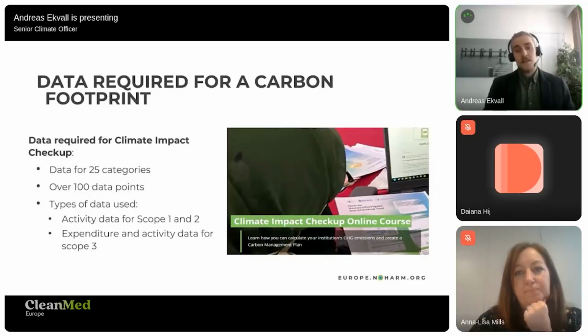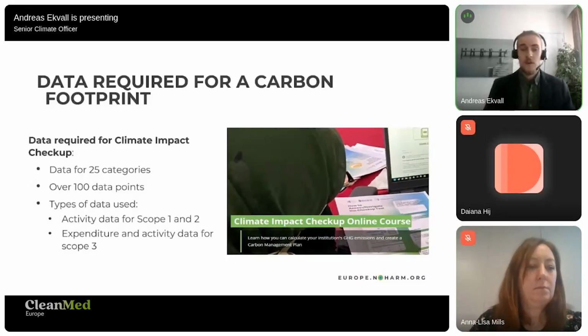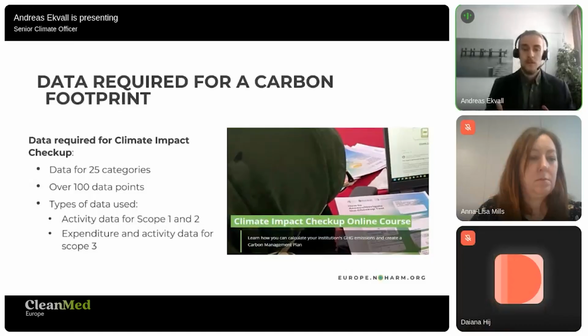Activity data is typically used for calculating scope 1 and 2. For scope 3, the tool uses a combination of both expenditure data and activity data. This approach ensures a thorough estimate of the healthcare facility's carbon footprint and zero leakage in estimating the emissions from the supply chain.